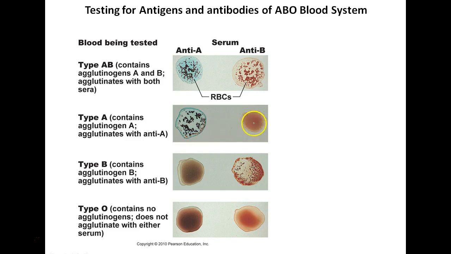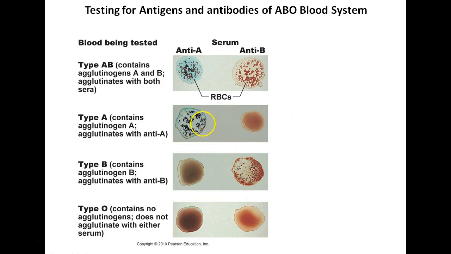Then in the well to the right, we have placed that unknown blood sample again, and in that well, they placed antibodies B. Antibodies B have a different biochemical structure on these glycolipids, and therefore they cannot connect, they cannot agglutinate, and we see a normal looking blood there. So this would indicate that the person is type A blood.